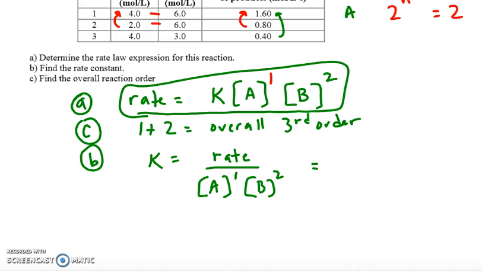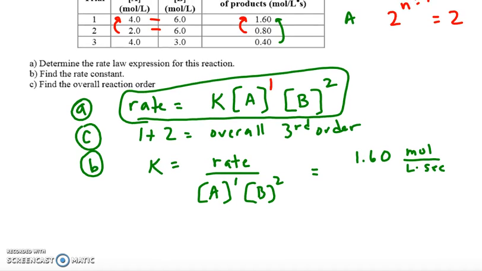So the initial rate of formation is 1.60, and that unit was moles per liter per second. I believe, yes, seconds? Yes. And we're going to divide that by, let's see, the A for trial 1 was 4.0, that is moles per liter.